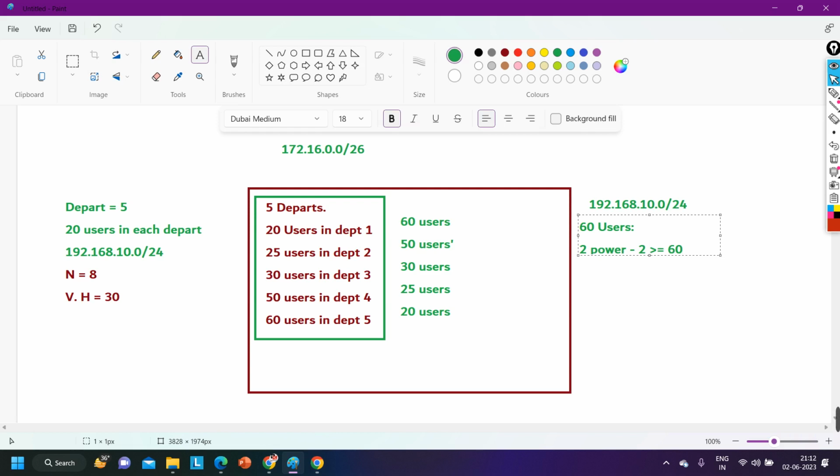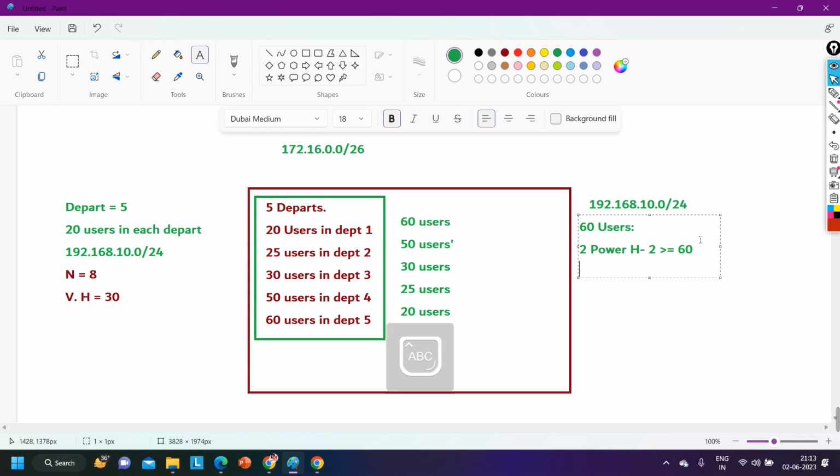This is your requirement. Here you need to find the value of H only. Can anyone tell me the value of H? 6. Okay, if H is 6, then 2 to the power 6 is 64, minus 2, that is 62.